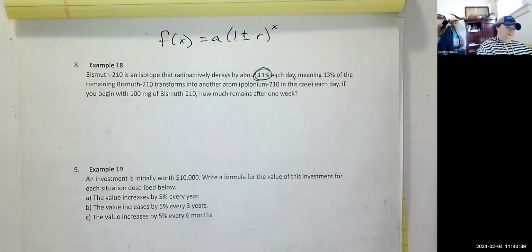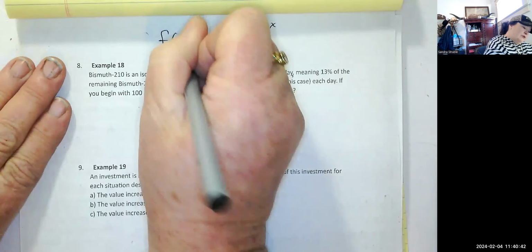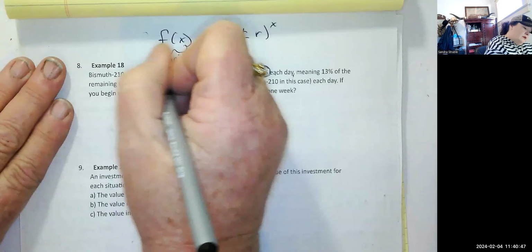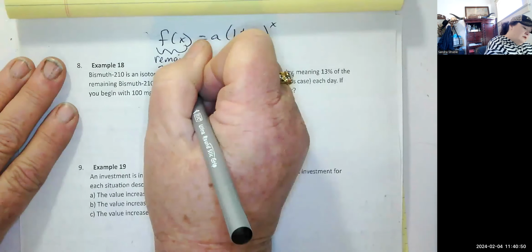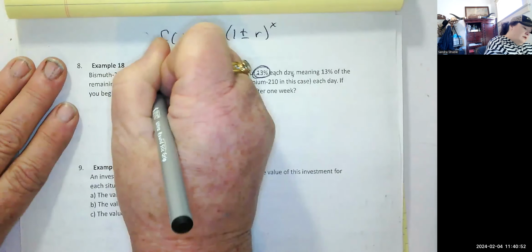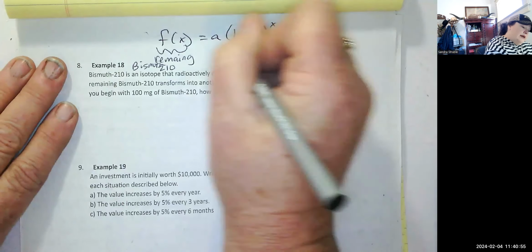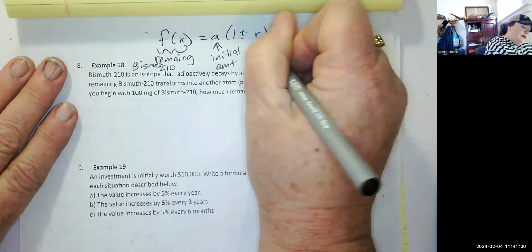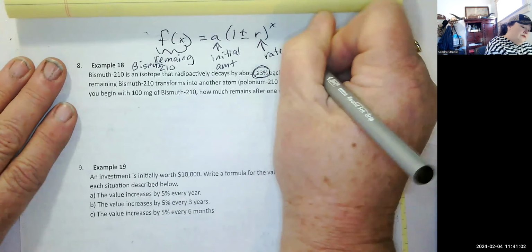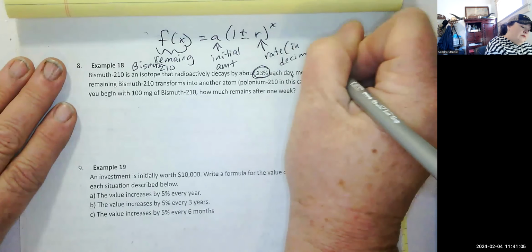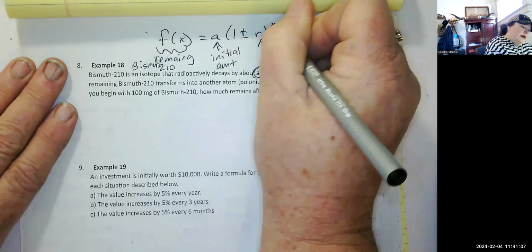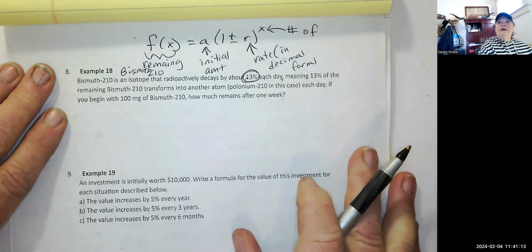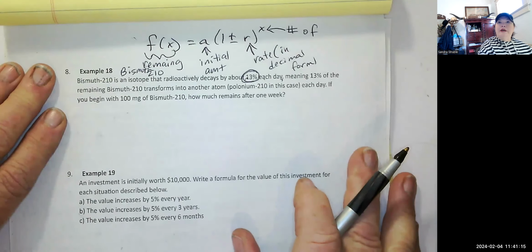So f of x is the remaining bismuth-210, and A is the initial amount. R is the rate in decimal form. And X is the number of, well, I normally say X is a representation of years.